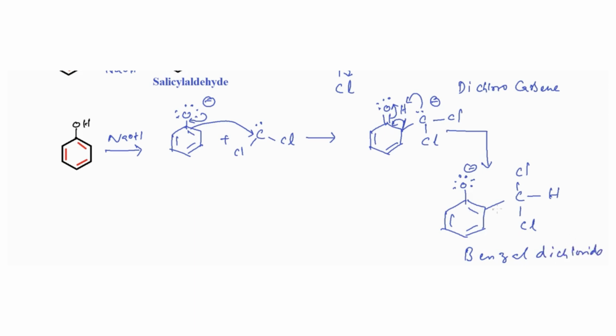If it is phenyl CH2Cl, that is benzyl. If it is CHCl2, that is benzal. Okay, so you should know the names also. So if you do the hydrolysis, one of the chlorines will be replaced by OH. So you will get it like this, the phenoxide ion.